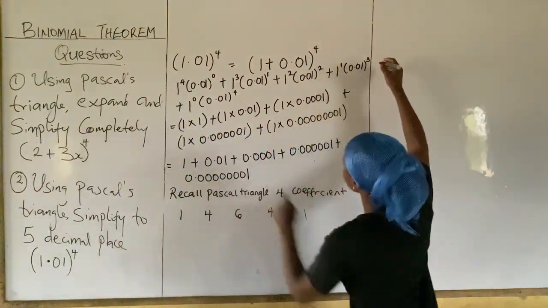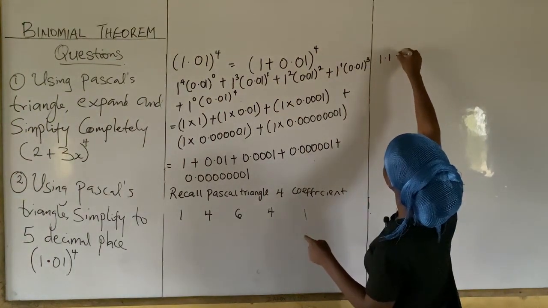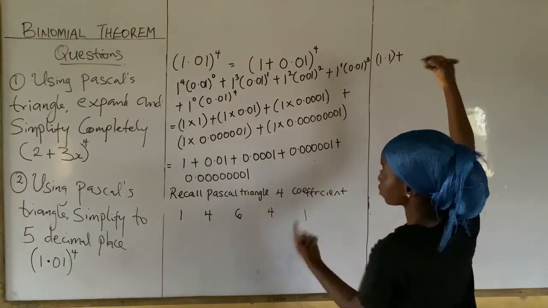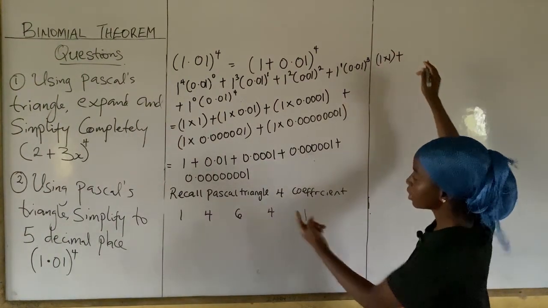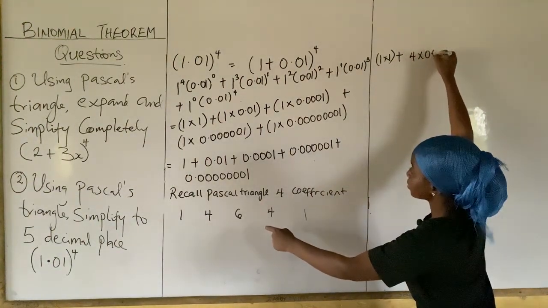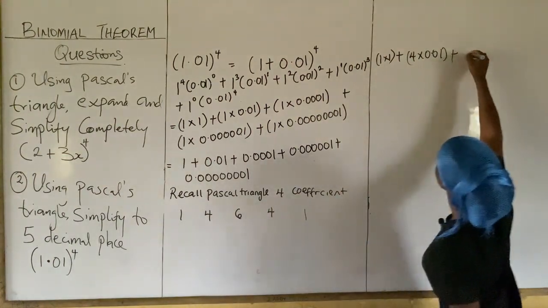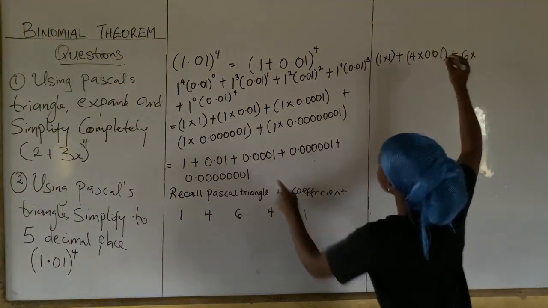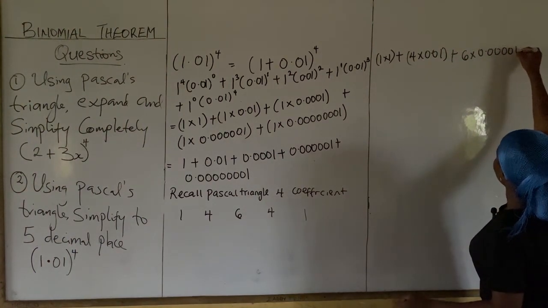So I'll be having 1 times 1. Dot means multiplication. Okay, let me use times because I'm having dots in the question normally. Now the next one, 4 times 0.01 plus, now the next one, 6 times 0.0001.